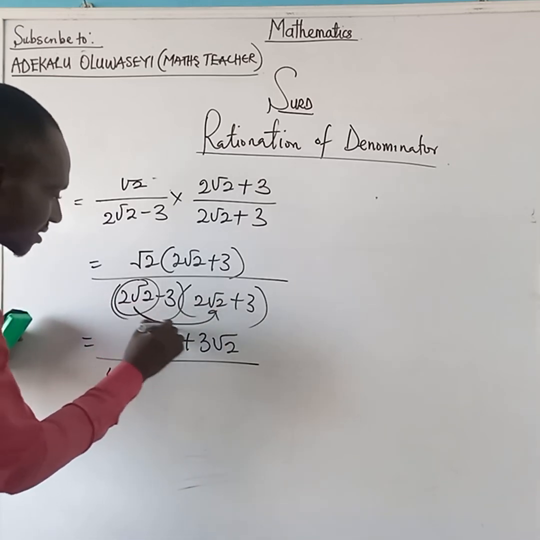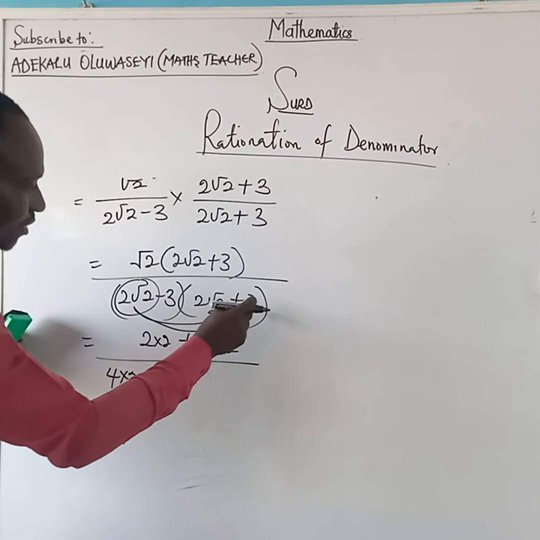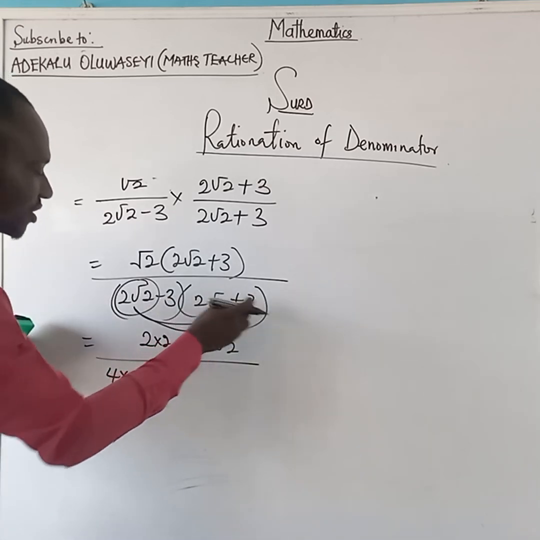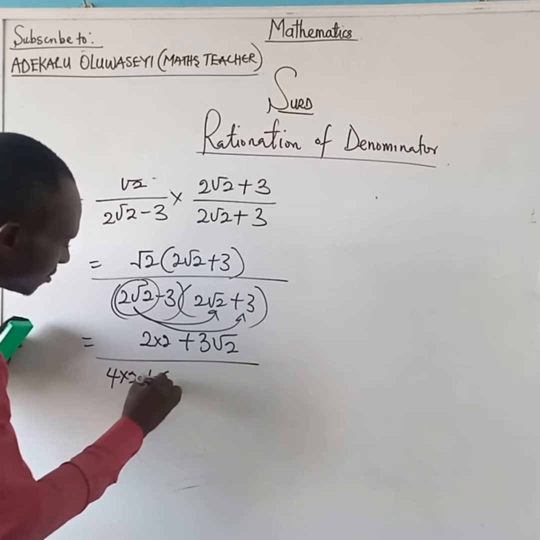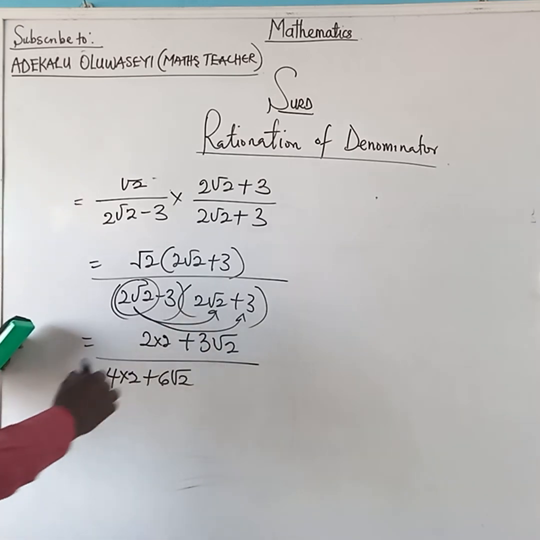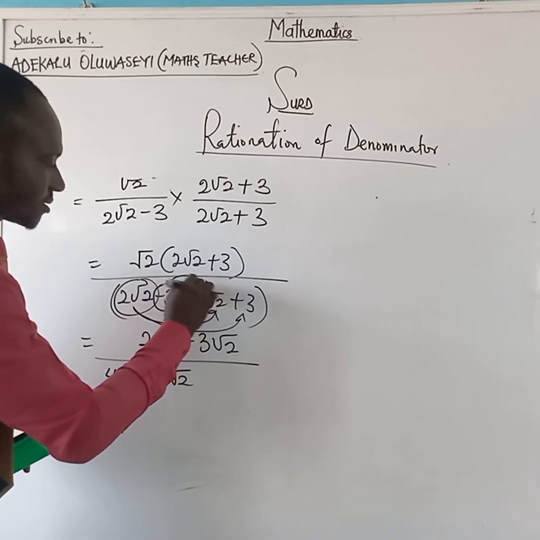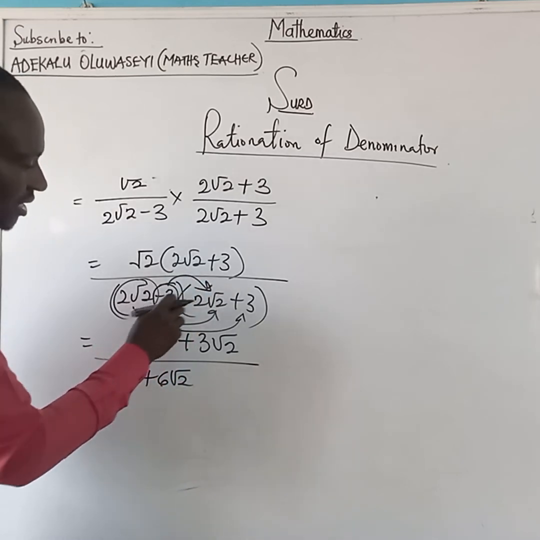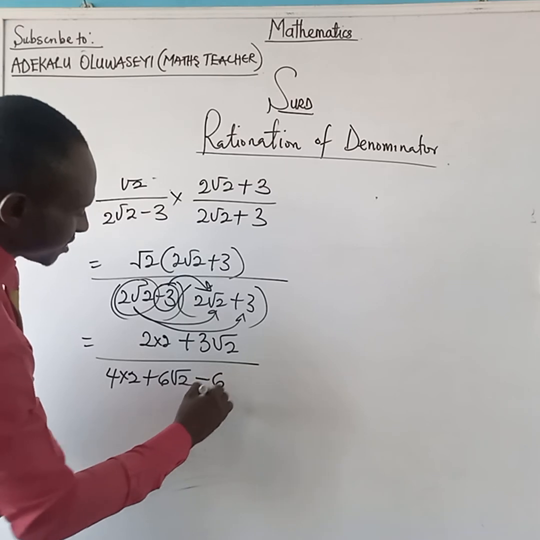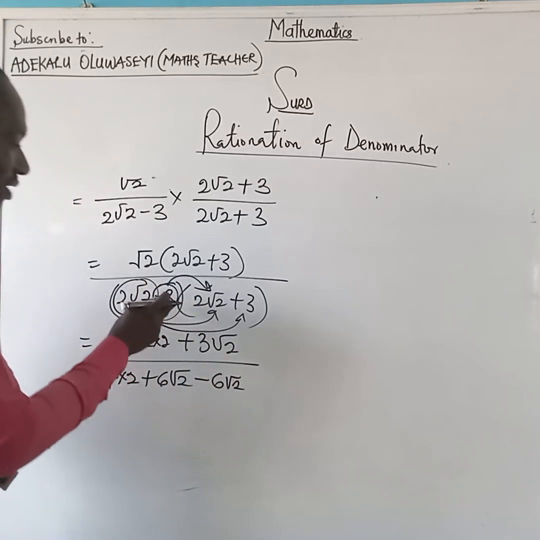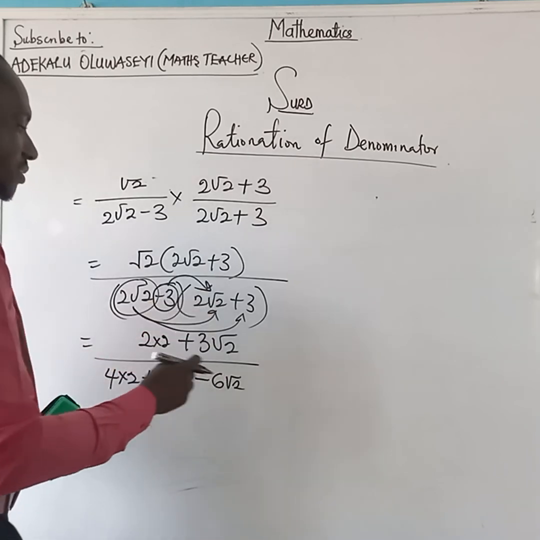Then the same thing to this. We'll be multiplying number with number, then we include our surd. So 3 times 2 is 6 root 2. Then we take minus 3 to multiply this. So we have minus 3 times 2, that is minus 6, then we put our surd there because we are not having the surd here. So we just repeat the previous one.